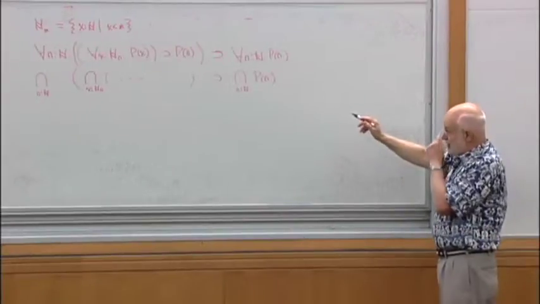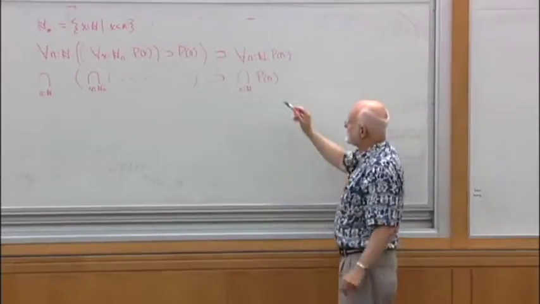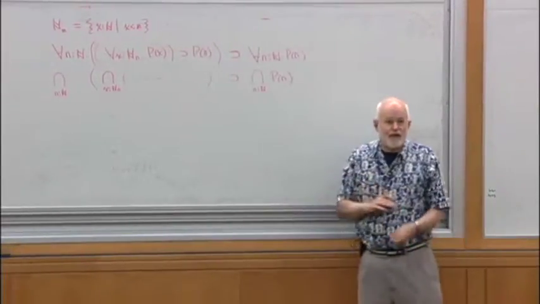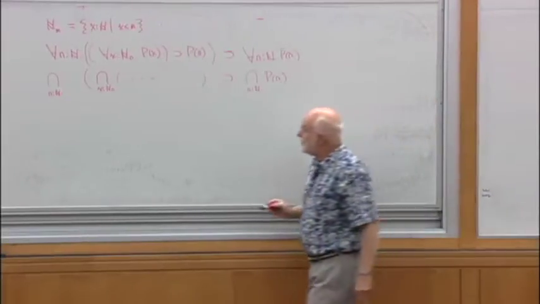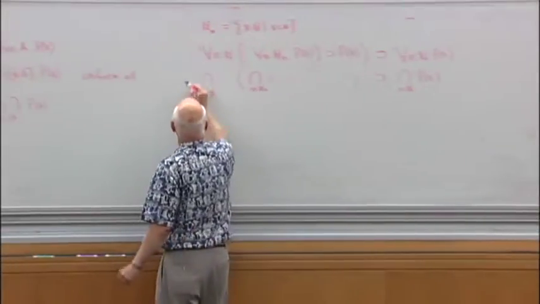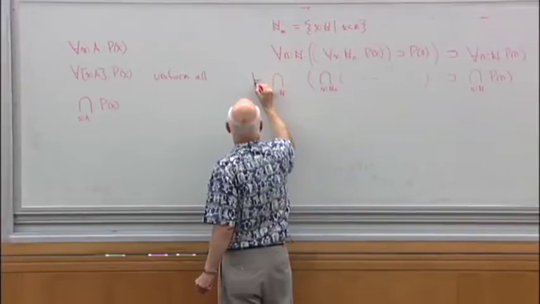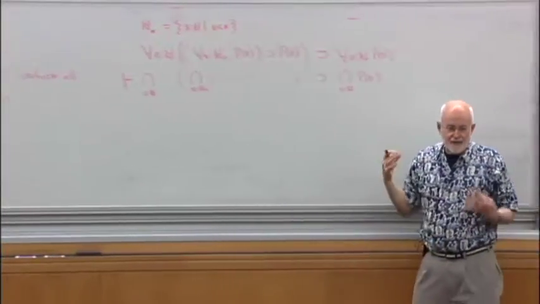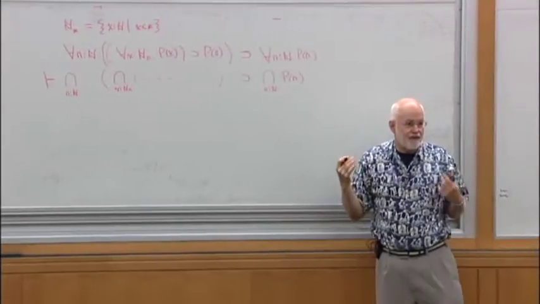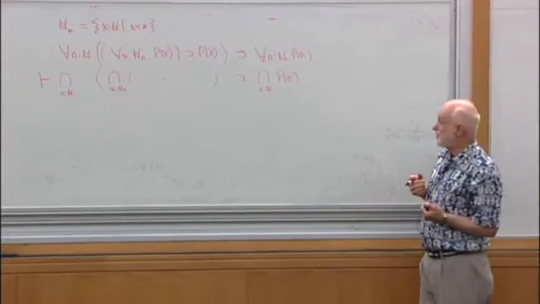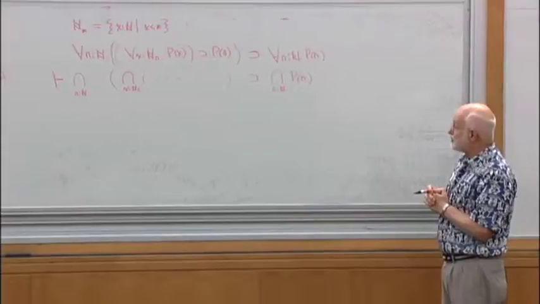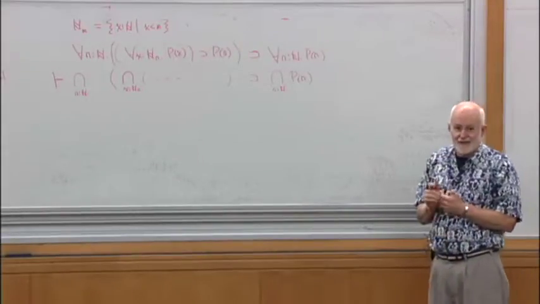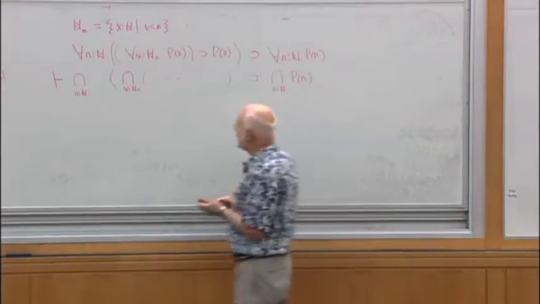Okay, so let's see if we can make sense of this principle by proving it. And the question is, once we prove it, we'll be able to get an extract, right? We will know what the computational form is for this, and it should be amusing to see what that is.